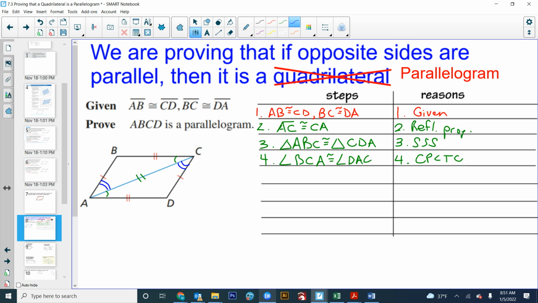So I'm going to put it on the same line because they have the same reason. So BAC, DCA, still by CPCTC.